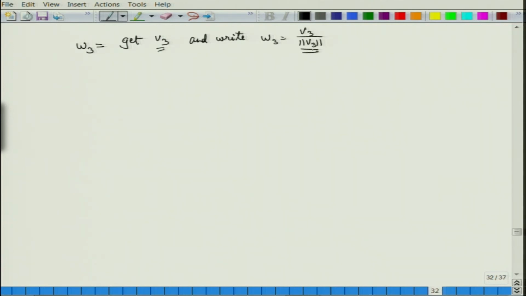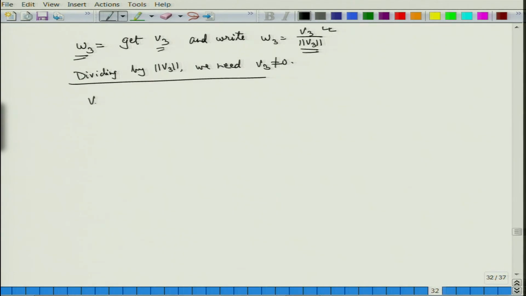Since I am dividing by length of V3, we need V3 to be non-zero, fine. So, let us try to prove this part also. So, if I want to get W3, I have to get V3 first and I have to show that whatever V3 I get, that should be non-zero, all right.